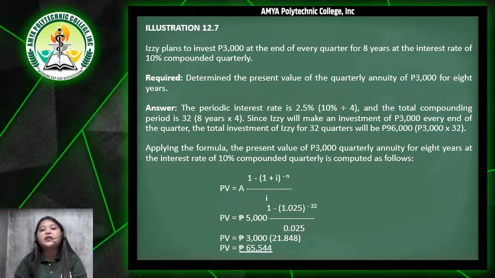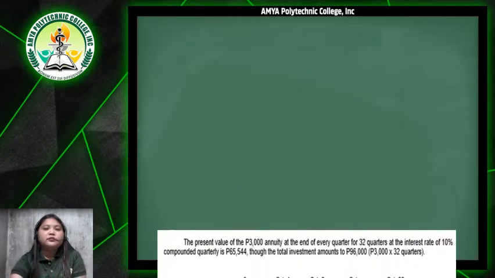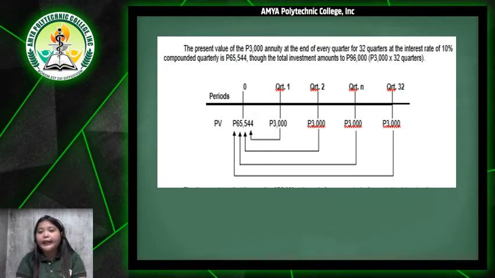So our present value is 65,544 pesos. So here is the table.